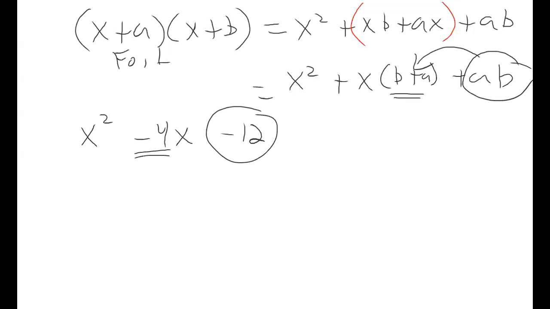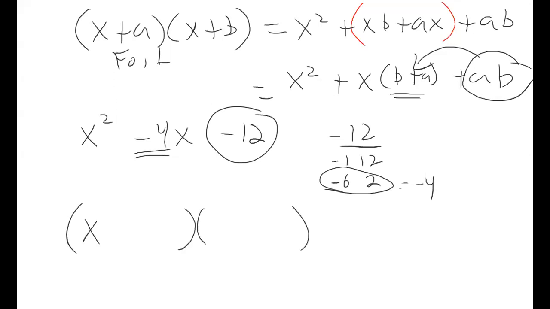So negative 12 factors are negative 1 and 12, and then negative 6 and 2. And notice here that a negative 6 and a 2 give me a negative 4. So because I know these two things equal this, and I go to factor this, this becomes X minus 6, X plus 2. And there's my answer.